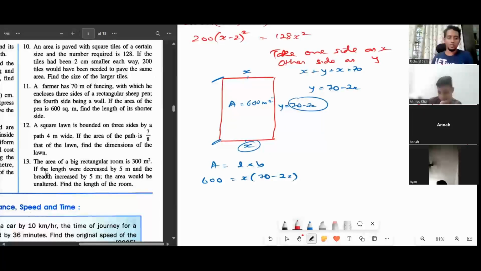Okay, we'll go to the 13th one, the last one. Just draw this much. We'll go to the next.